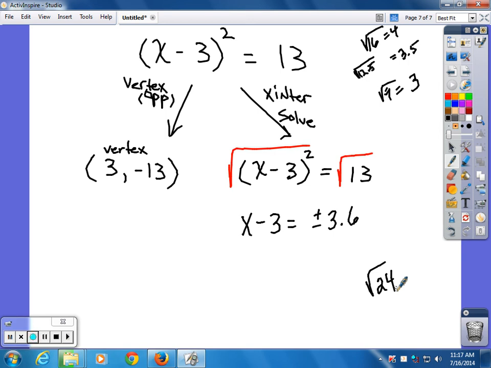Square root of 15: what does the square root of 15 go between?